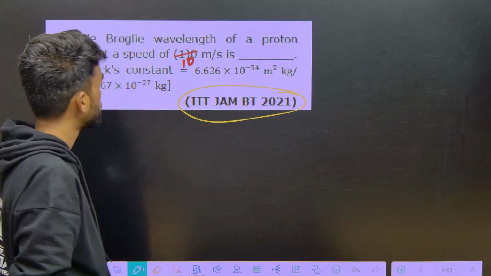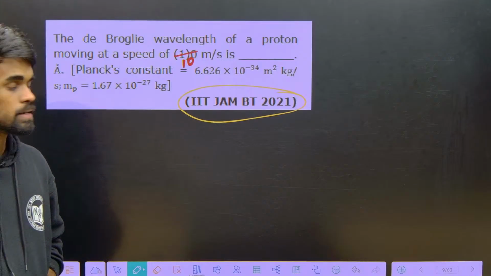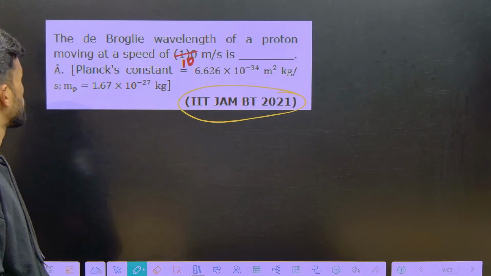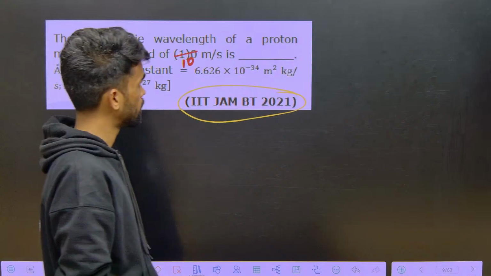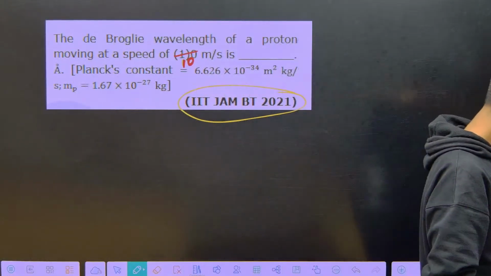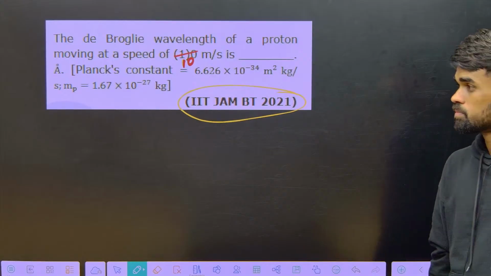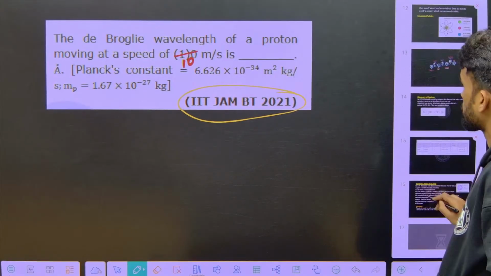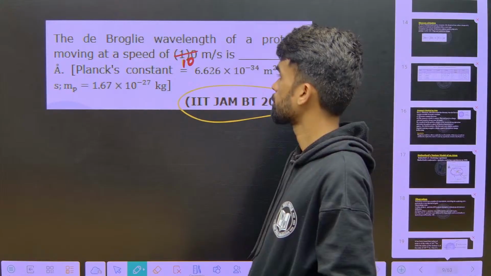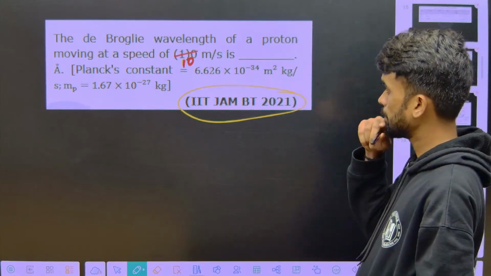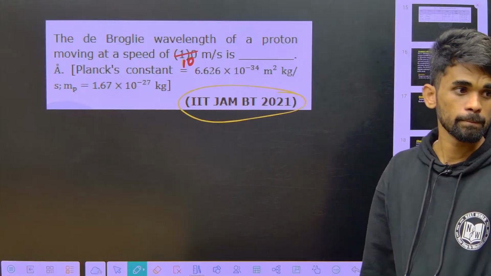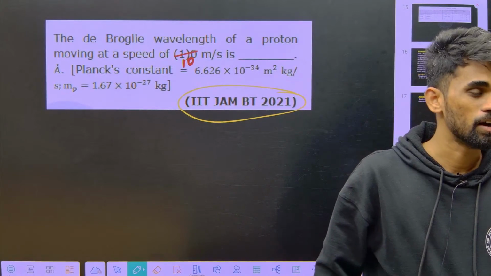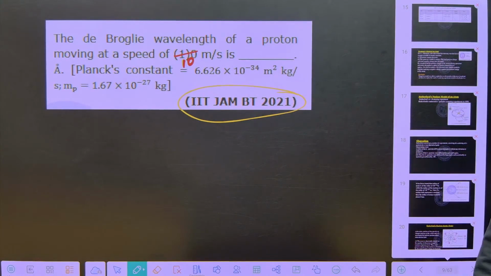Got the answer? Tell me approximate number at least. Yes, you can get the exact.